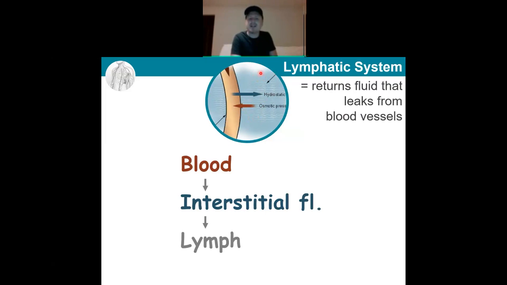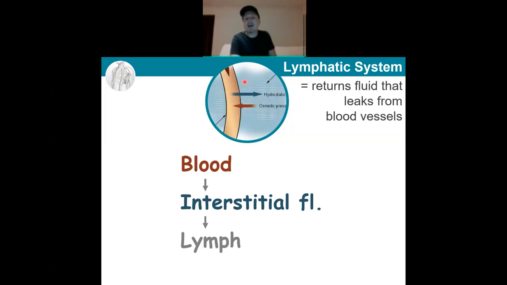This is interstitial space. And when that liquid leaves the blood, it's actually plasma that leaves. All the big molecules, all the formed elements, they stay within the cardiovascular system, within the capillaries. But what leaves is some of the plasma.